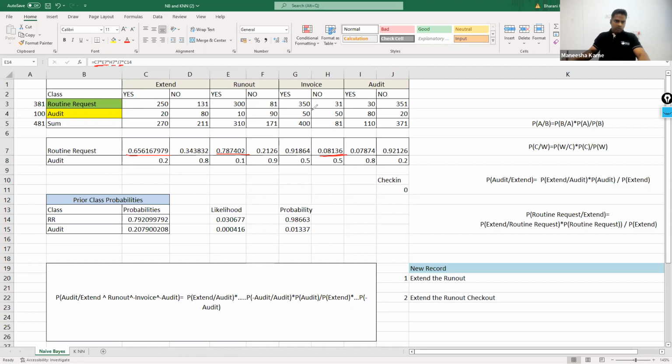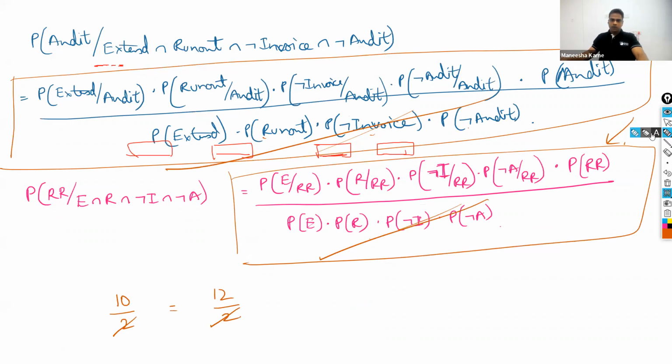Then what does J7 give you? Probability of audit not appearing, given that it is a routine request. So you multiply these four. When you multiply these four, okay, then these four are getting multiplied.